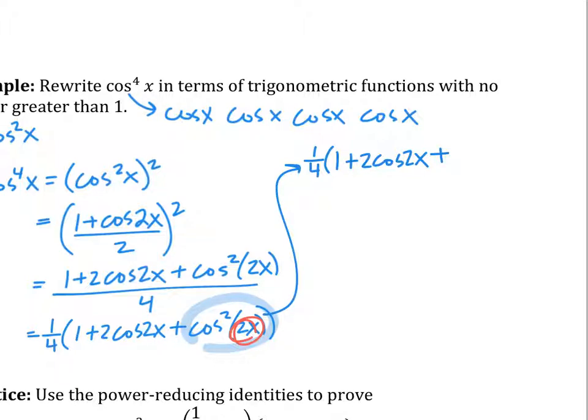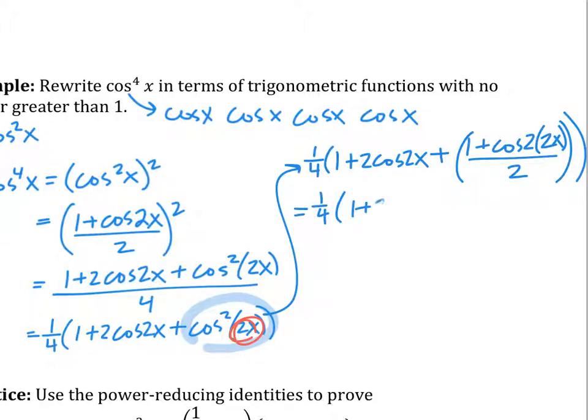So applying that formula, it's going to be 1 plus cosine of 2 times 2x over 2, and we are not squaring anything. So that's 1/4 times 1 plus 2 cosine 2x plus 1 plus cosine 4x over 2.